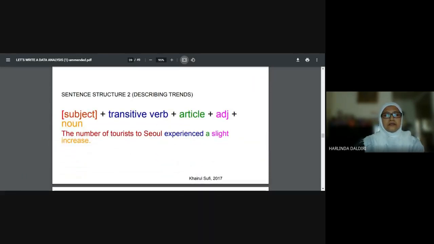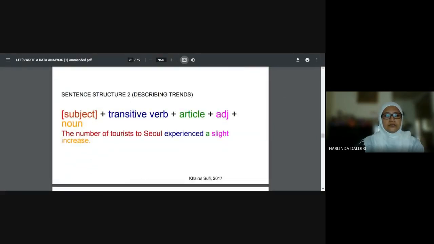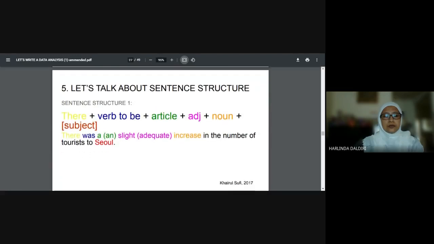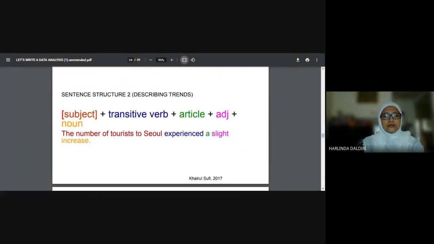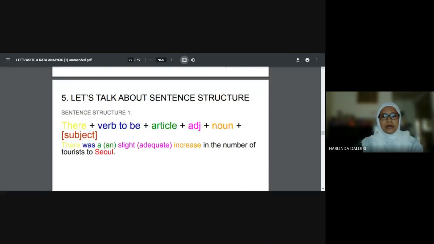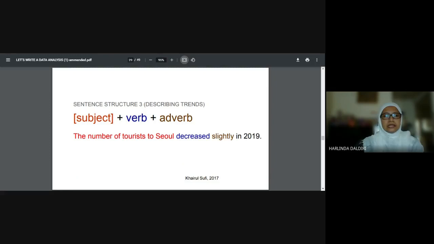The difference is that we bring the number of tourists to Seoul to the front, and instead of the verb to be, we use a transitive verb, experienced a slight increase. The adjective slight and noun increase are the same.